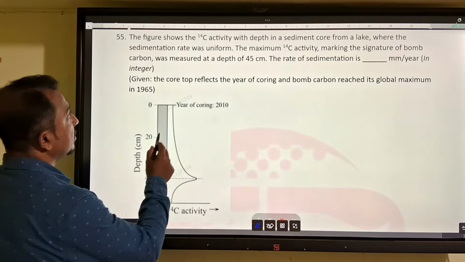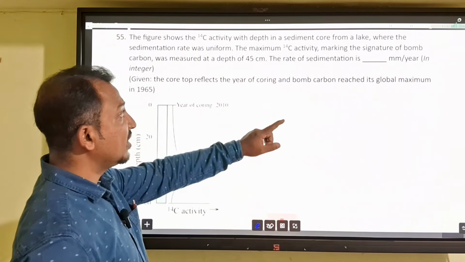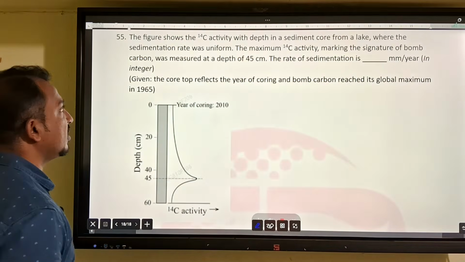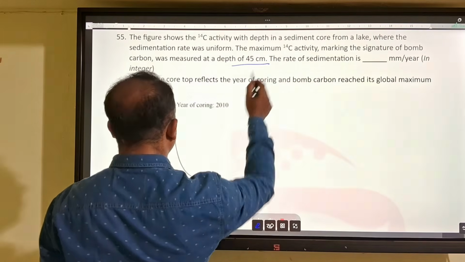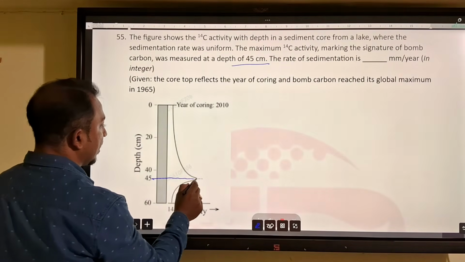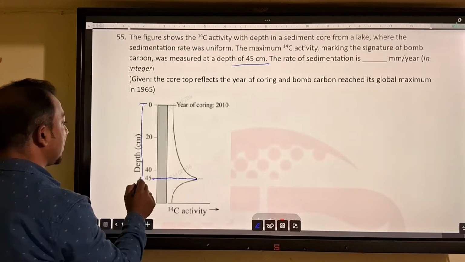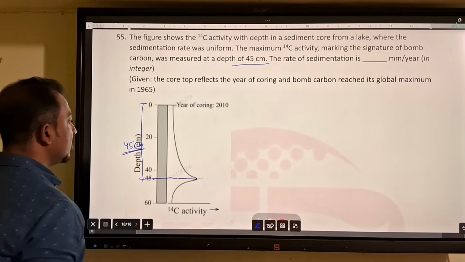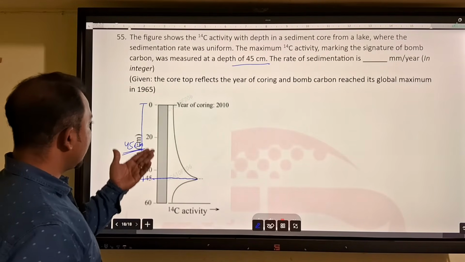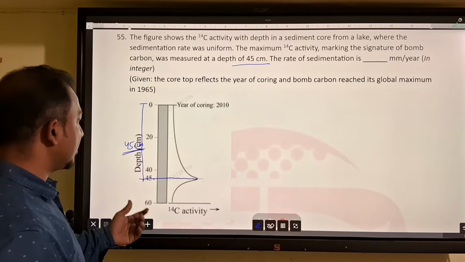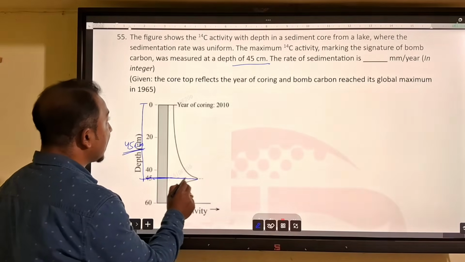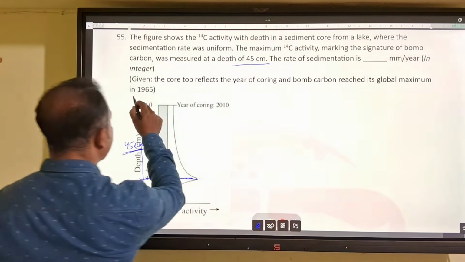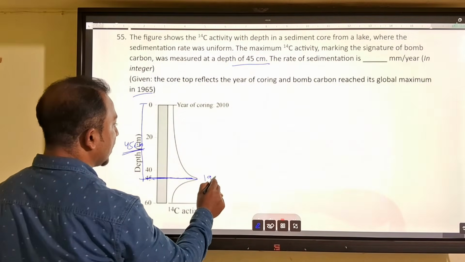So here the maximum seafloor activity, marking the signature of the bomb, was measured at a depth of 45 centimeter. So this much depth is given, 45 centimeters. There are also other depths given, 40, 20, then 60, but the maximum activity age is given, that is 1965.